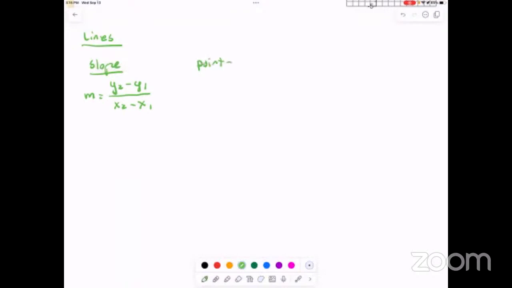The way I remember that, I know I can get it from the slope formula. If I multiply both sides by the denominator and drop the 2, then I'll get my point slope formula. And then lastly is the slope intercept, that's your classic y equals mx plus b.